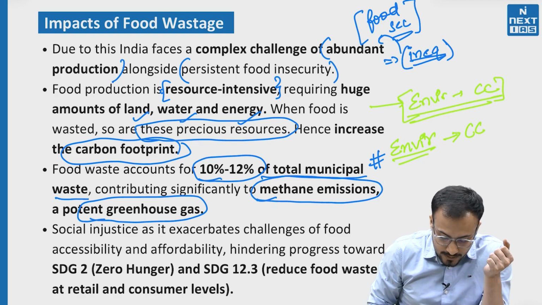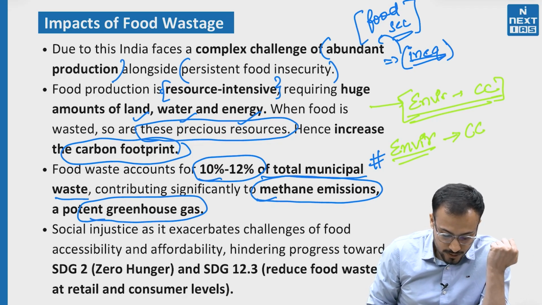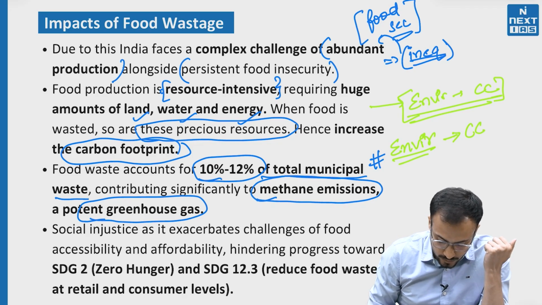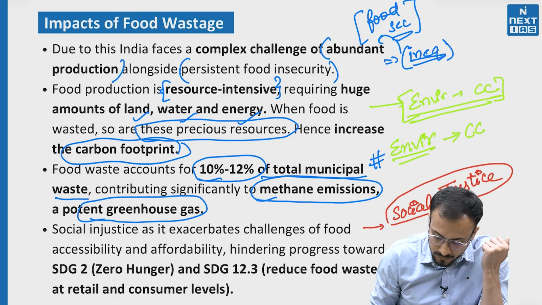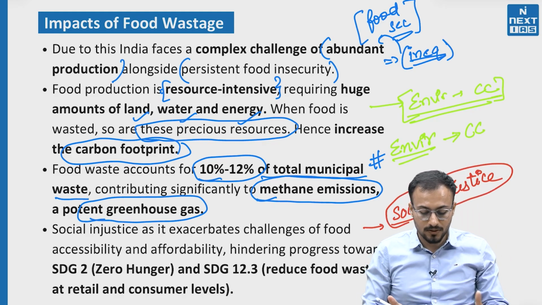Then social injustice, as it exacerbates the challenge of food accessibility and affordability, hindering progress towards SDG 2, that is zero hunger, and SDG 12.3, reduce food wastage at retail and consumer levels. So this is related to social justice. We find that there are multiple levels here.